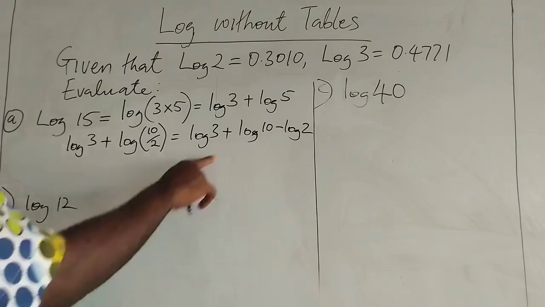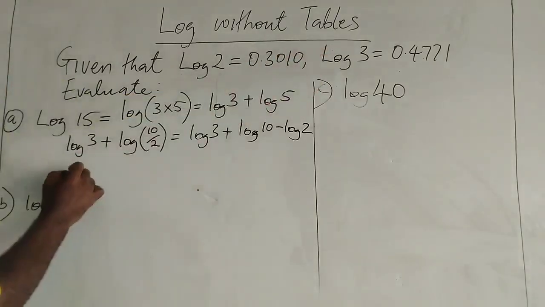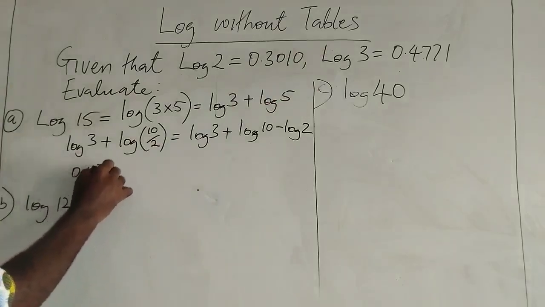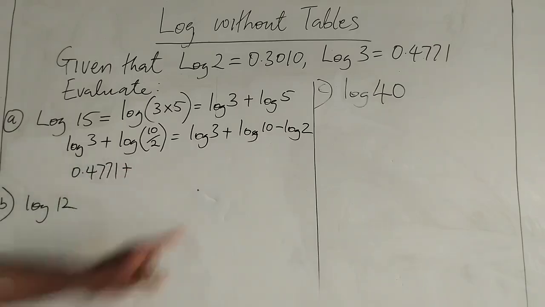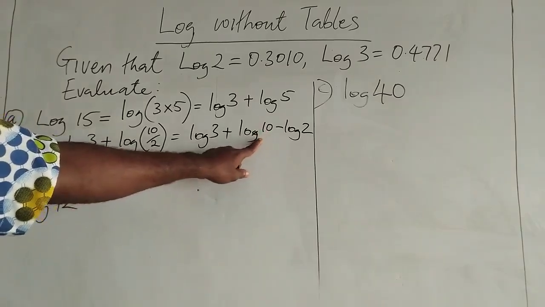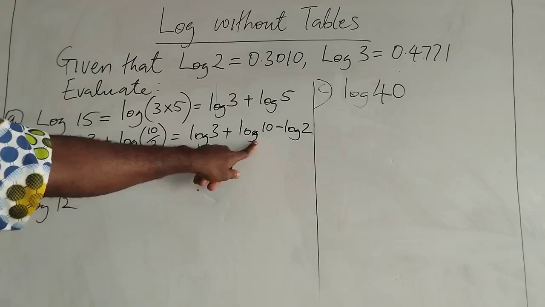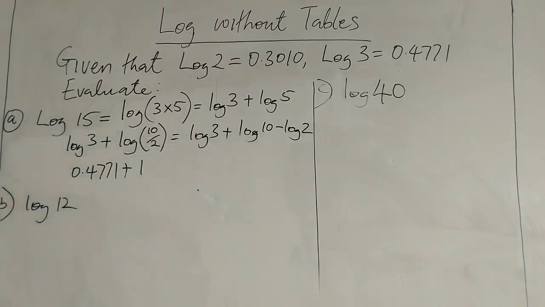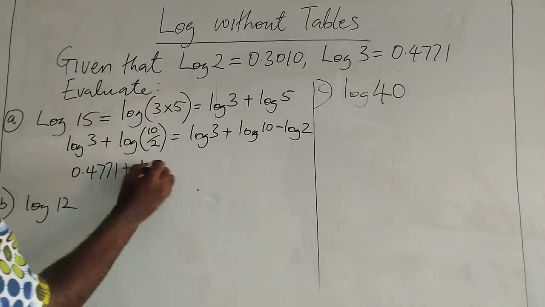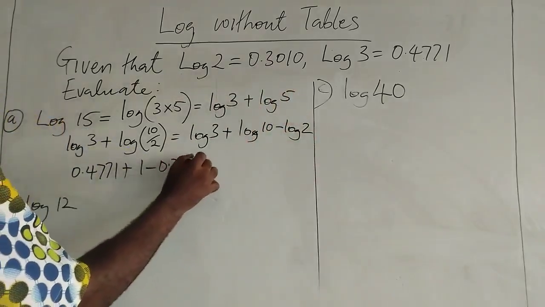Going further, log 3 is given, it is 0.4771, plus log 10. Remember, the base is 10, so log 10 base 10 is 1. Any log to its base is 1. Then minus log 2, which is 0.3010.